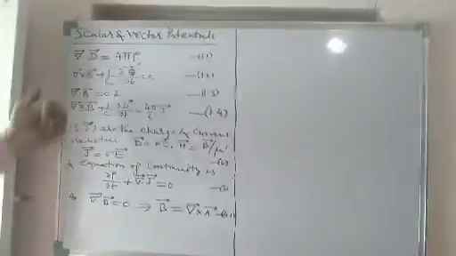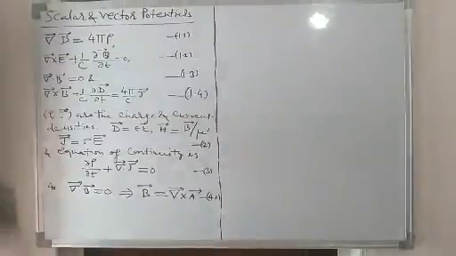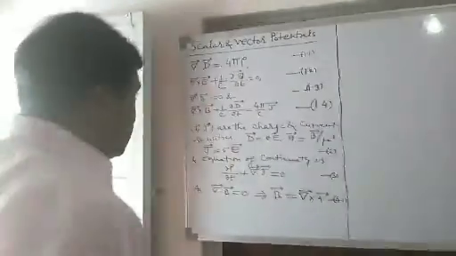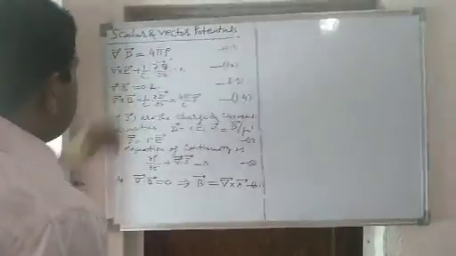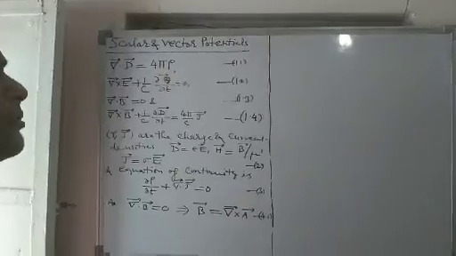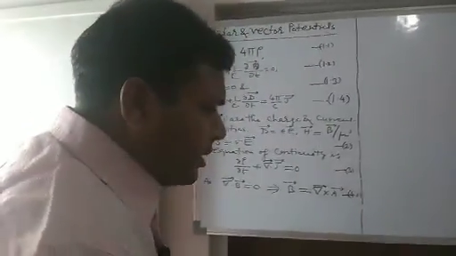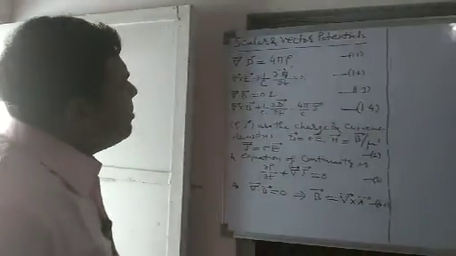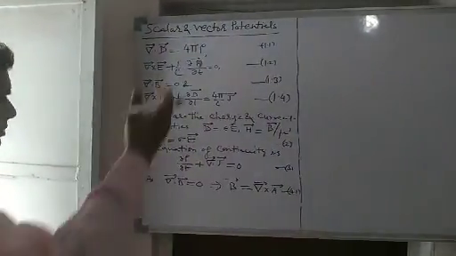Now, let us check what should be the analogous form of E. Once again, remember that when we are talking about the electrostatic field, the conservative nature of the electric force tells us that del cross E is 0.